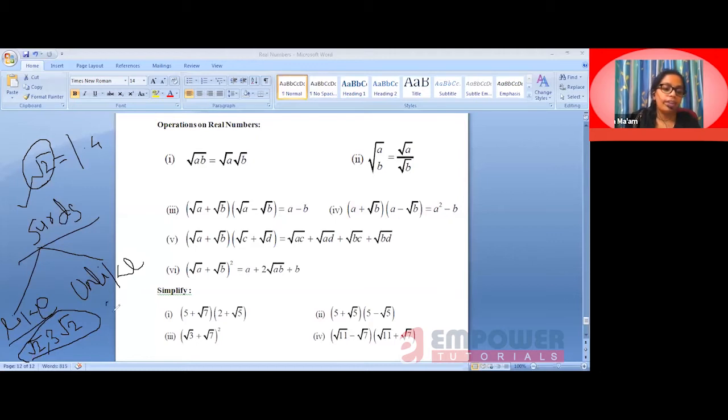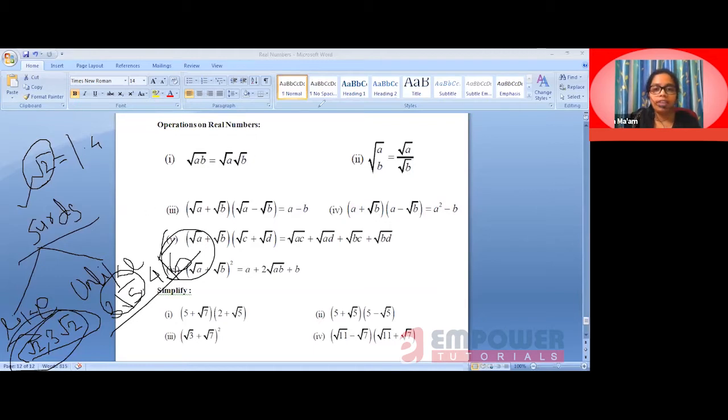Okay, if I have 3 root 5 and 4 root 6, so if I am comparing these two numbers, these two numbers are called unlike surds, since you have root 5 over here and root 6 over here. So this type of surds are called unlike surds and this type of surds are called like surds.